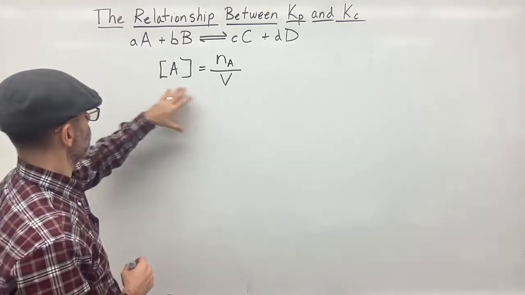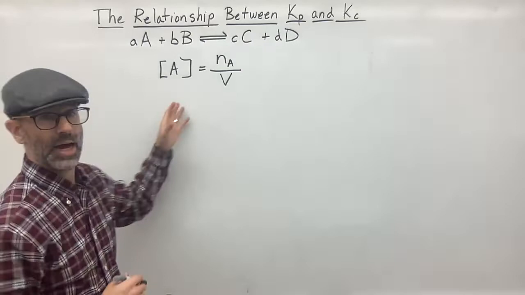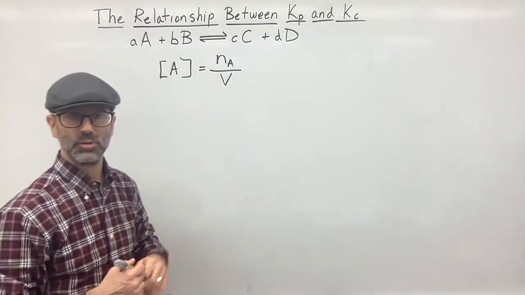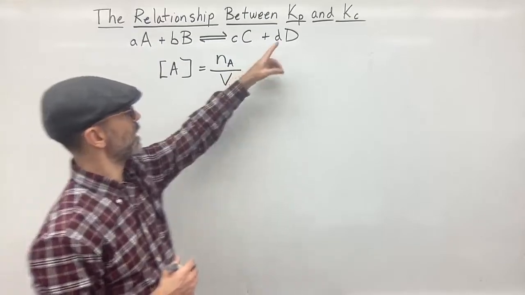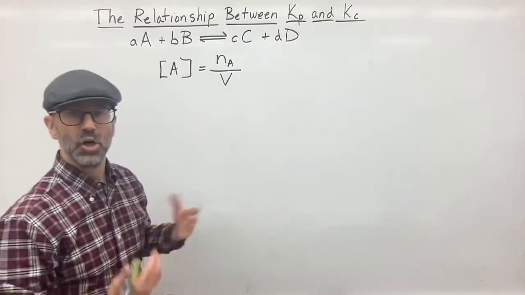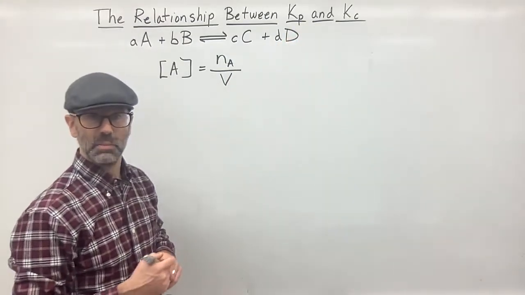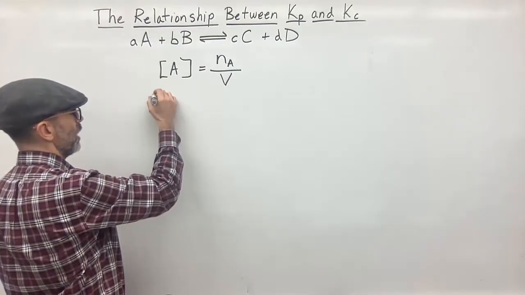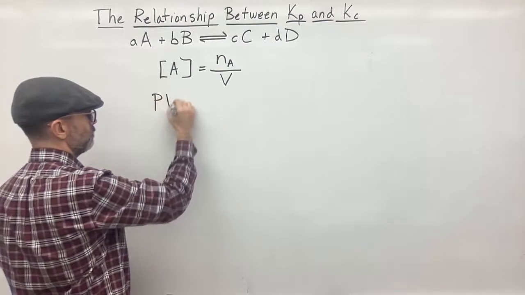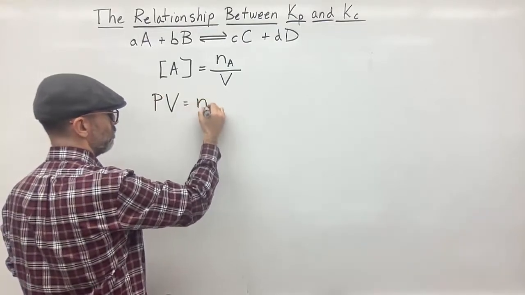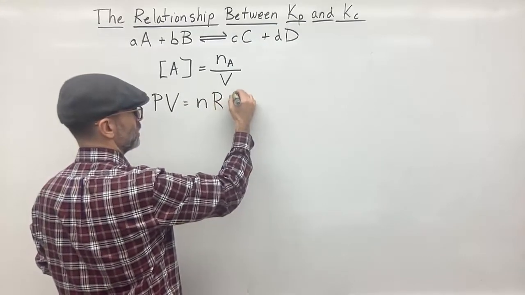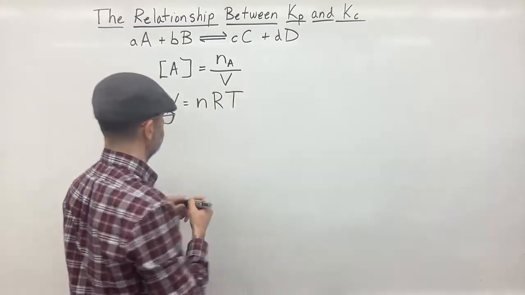Now let's remind ourselves about the ideal gas law, because we're dealing with gases in here. The ideal gas law is the pressure times the volume is equal to the number of moles multiplied by the ideal gas law constant multiplied by temperature.